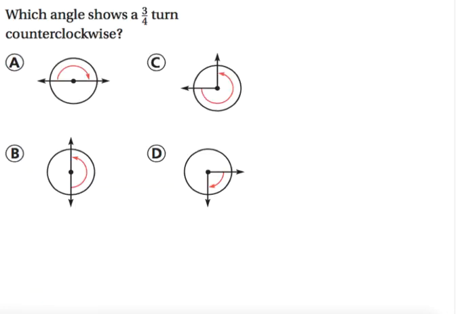All right. Which angle shows a 3/4 turn counterclockwise? So what I like to do is find the counterclockwise first. I feel that is easier. So I'm really looking for arrows that go to the left, right? So this one, if I trace it, it's going to the right. No. If I trace this one, oh wait, this is going to the left, so this could be a possibility. This one is going to the left, so this could be a possibility.